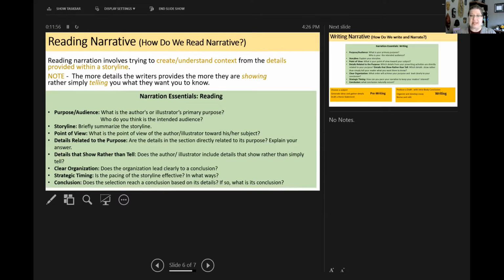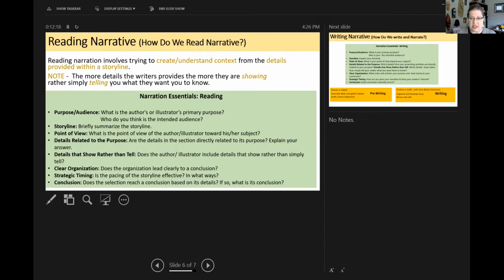So those details are going to help him give that purpose and that meaning to us as a reader. Those details show us who the mistress is, show us who Frederick Douglass is. And keep in mind, he's only a kid at this time. So it's kind of important to see.